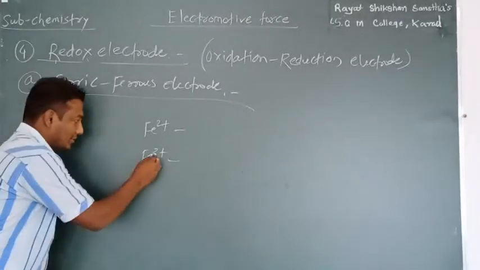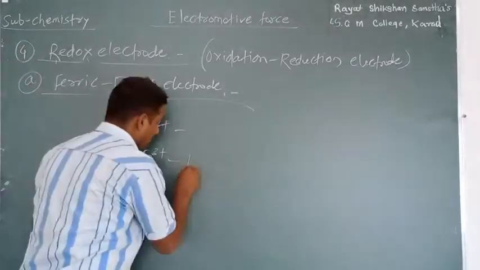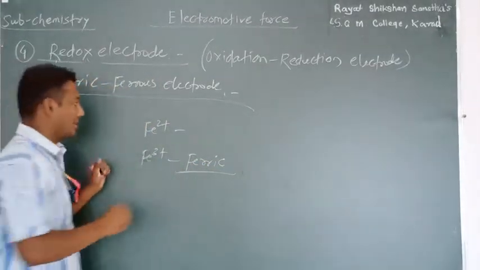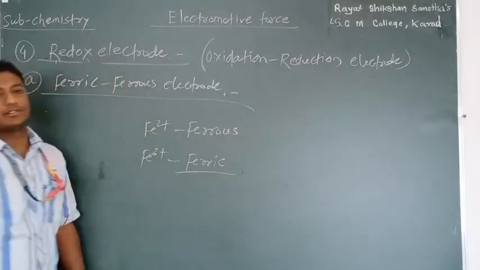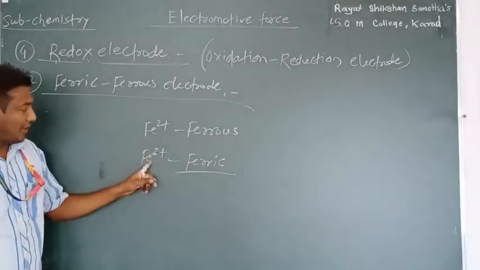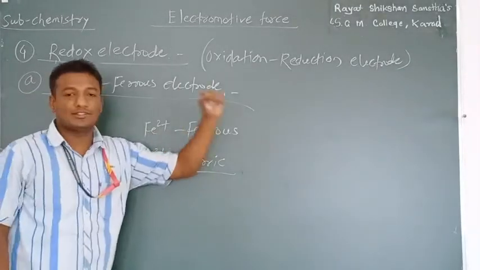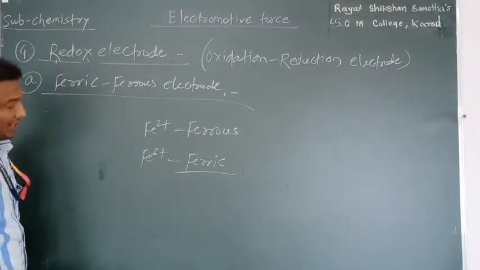So keep in your mind that Fe3+ means ferric, and Fe2+ means ferrous. So, ferric ferrous chloride.